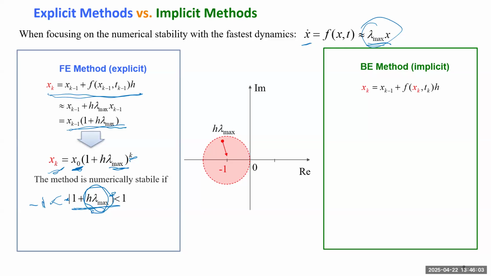So we can easily prove this inequality has to be true: the time step needs to be less than 2 divided by the absolute value of lambda max. So if h is less than this limit, the simulation is numerically stable.